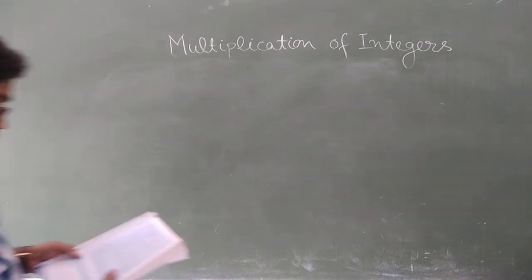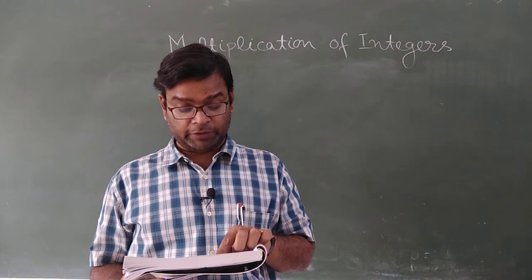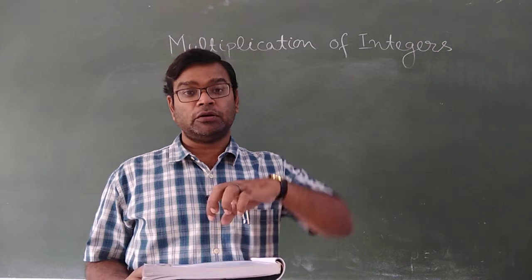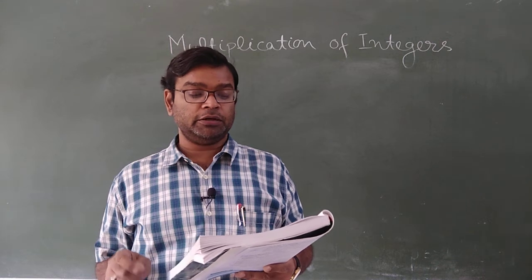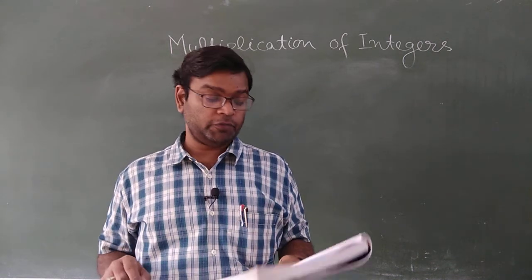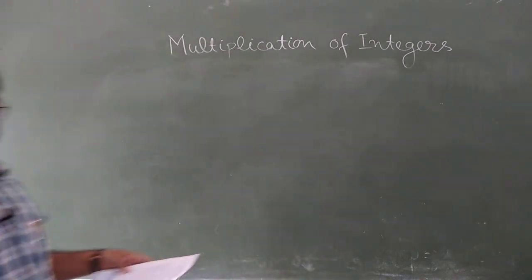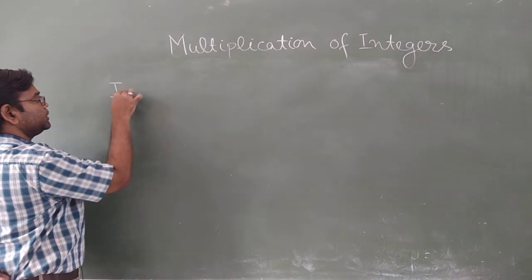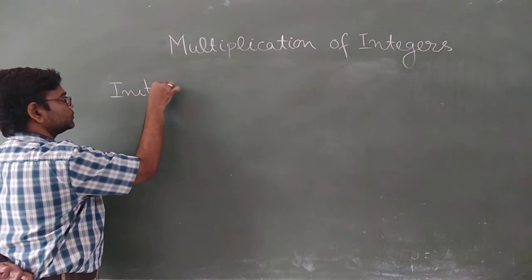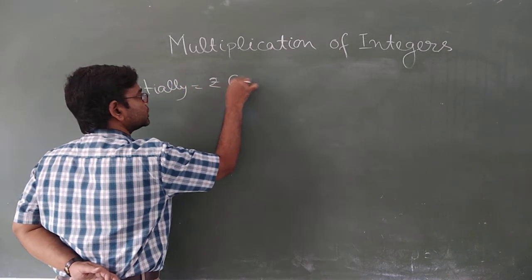In this word problem it says that Divya has rupees 60 in her wallet. Each day she takes out rupees 5. What integer represents the change in the number of rupees in her wallet after 6 days? So let's start. Initially we have rupees 60 in the wallet.